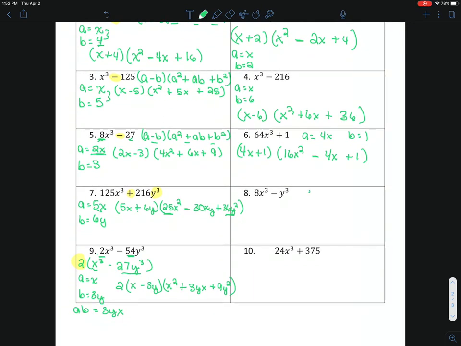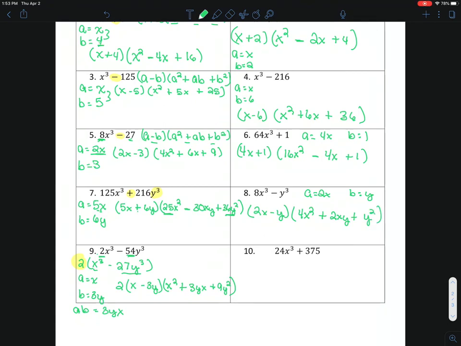I'm not going to make that mistake again. Okay, A is 2x and B is y. So it's a difference, so 2x minus y, and then 4x squared, and this should be a positive 2xy, plus y squared.